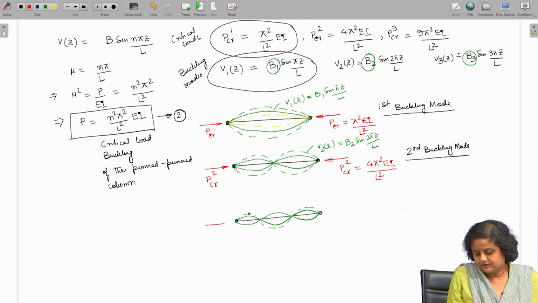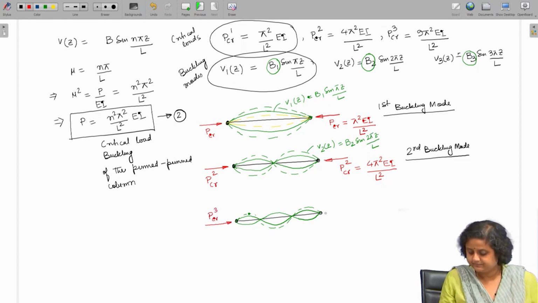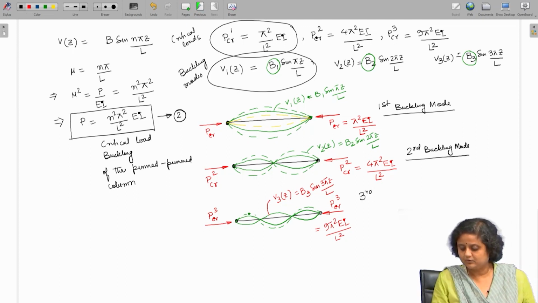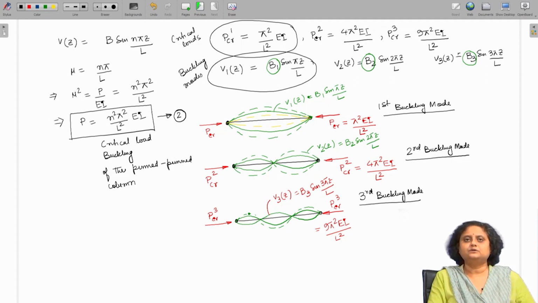So, the third critical buckling load is P critical 3, which is given as 9 pi square E I by L square, and this is given as V3 Z, which is B3 into sine 3 pi Z by L. So, this is the third buckling mode.